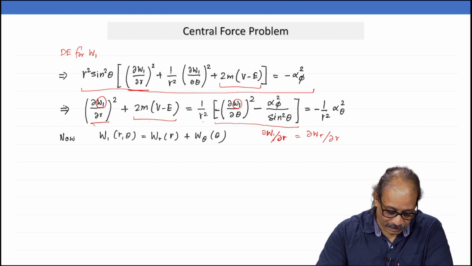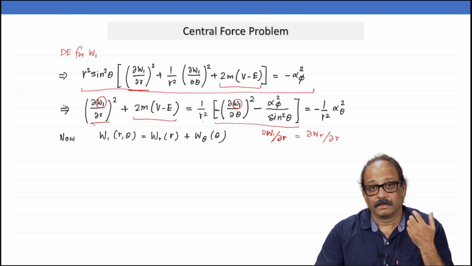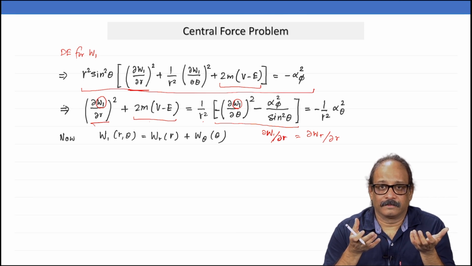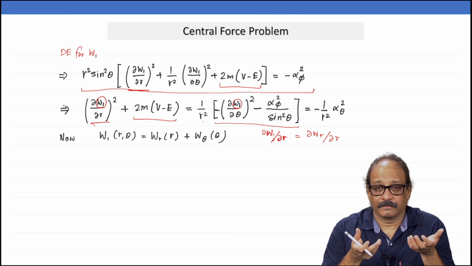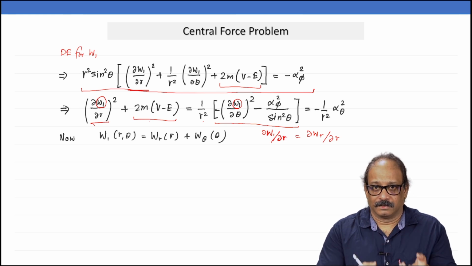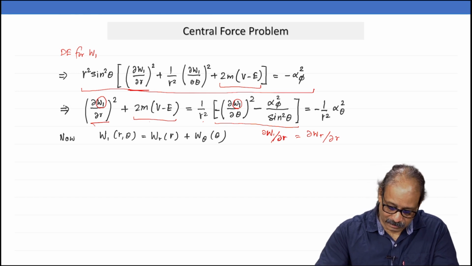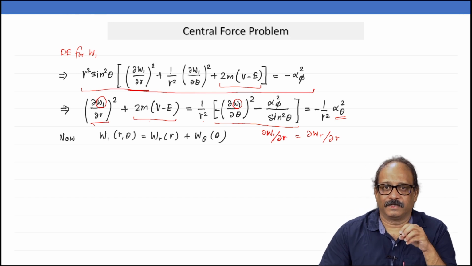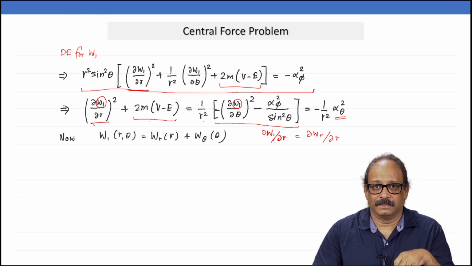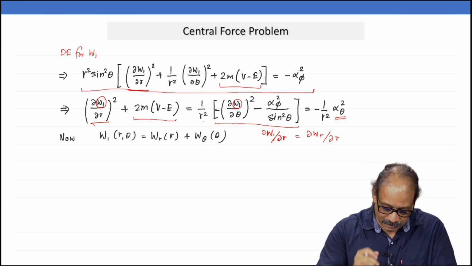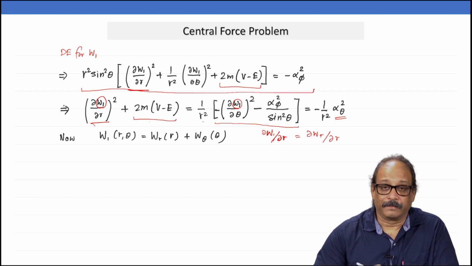If I take this r square to the left hand side, then I have a left hand side which depends only on r and a right hand side which depends only on theta. And then again by the same argument, this must be true for all values of r and theta only if each of these sides is equal to some constant. So, I am going to put it equal to, again a clever choice, in the sense we already know the answer, so we can preempt the choice of this particular constant. I will put this as a square of alpha theta with a minus sign.